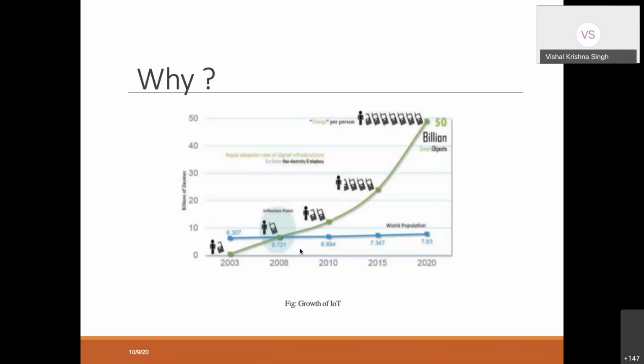So, considering the amount of data being generated and the processing and analytics required for all of it, machine learning has been one of the most influencing factors in the growth of the Internet of Things technology.